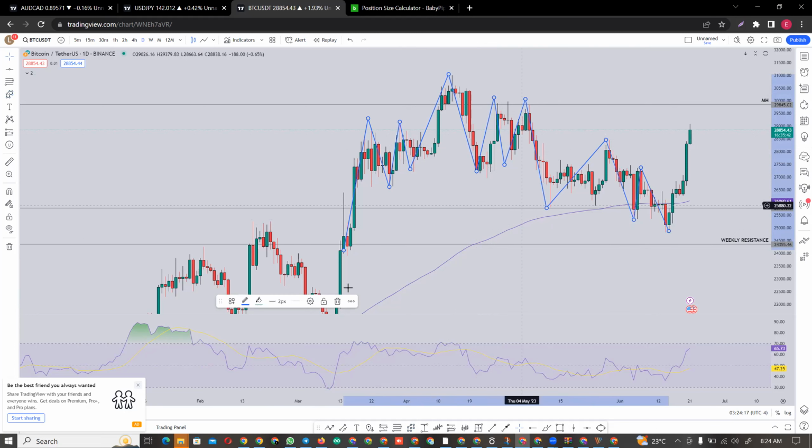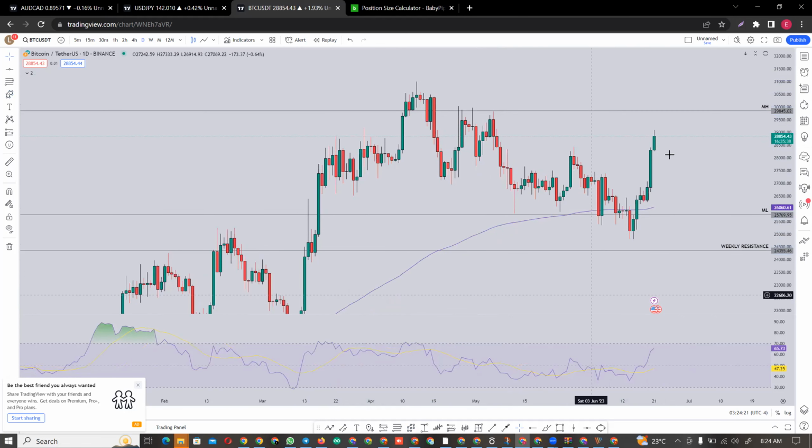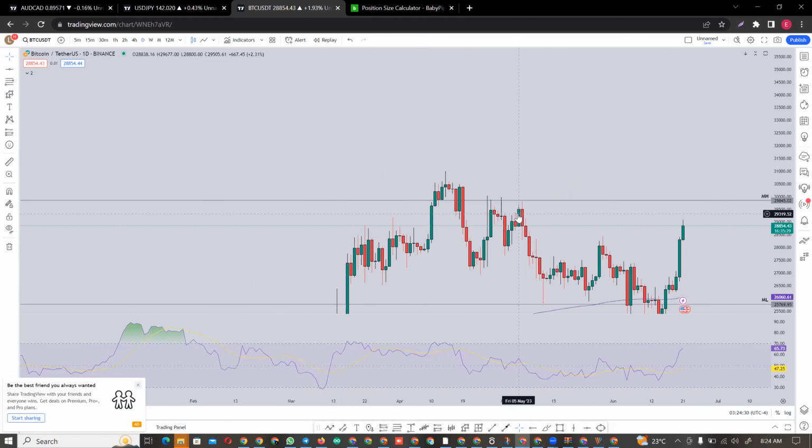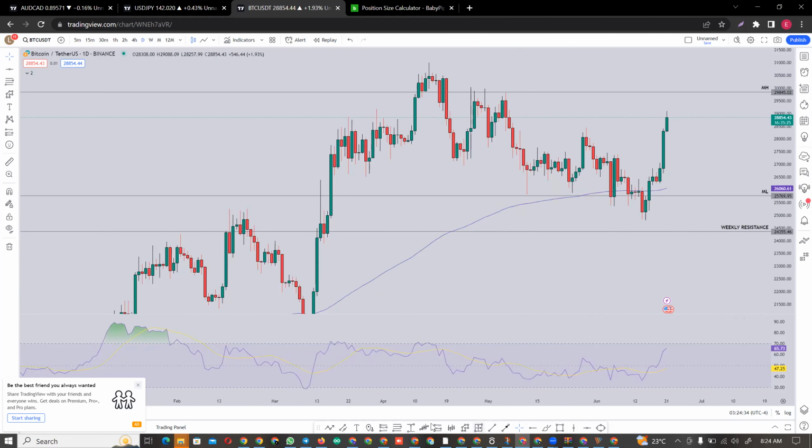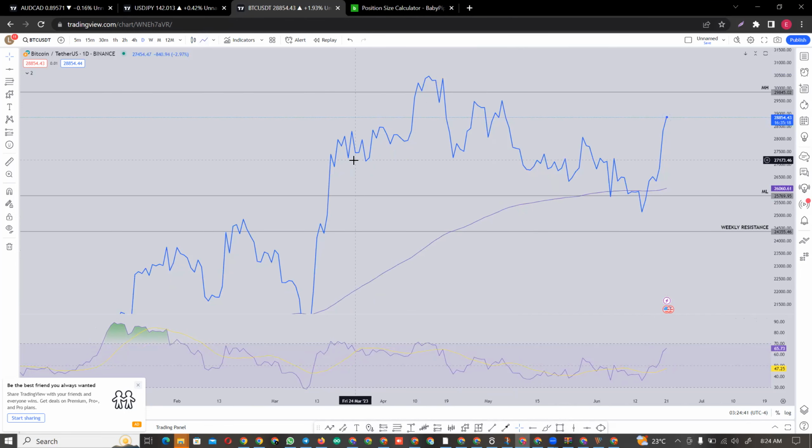So looking at this on the daily time frame, sometimes if you are confused, put it on a line chart.